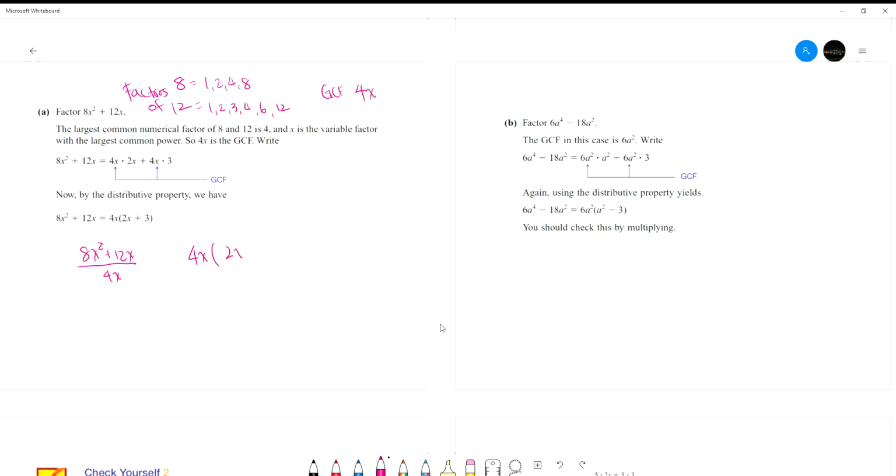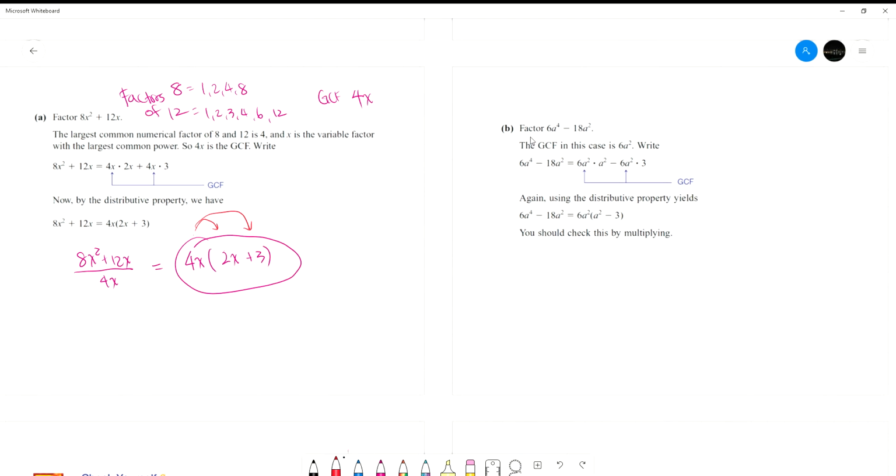We get 2x. Then 12x divided by 4x is positive 3. So this is the way we write our final answer for factoring 8x squared plus 12x. If you look at distributive property here, what do you see? If you did distributive property, you get 8x squared plus 12x, which is the original problem. Does that make sense?